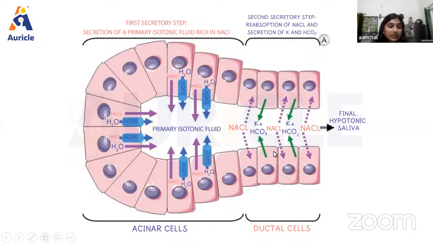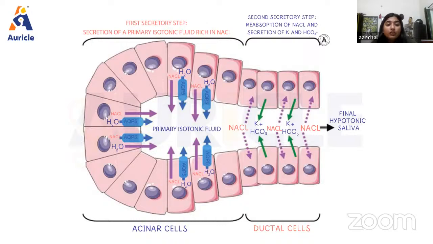As we can see in the diagram, the duct cells always contribute potassium and bicarbonate to the saliva, and another function of the duct cells is to reabsorb Na and Cl. So the function of the duct cells is to contribute potassium and bicarbonate and to absorb sodium and chloride.